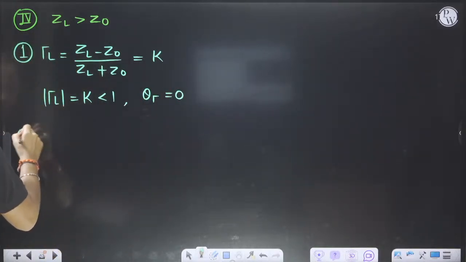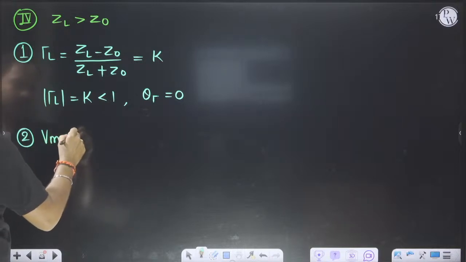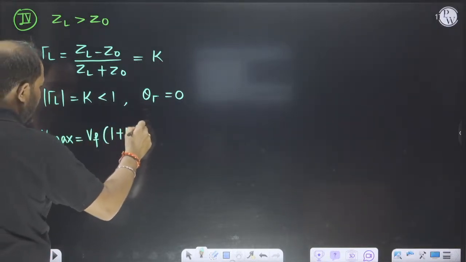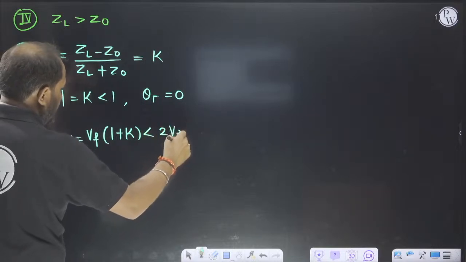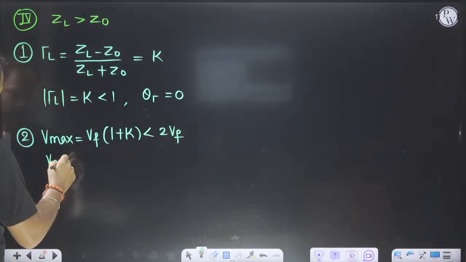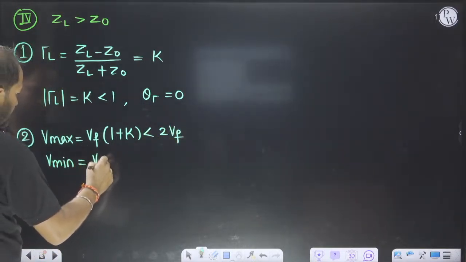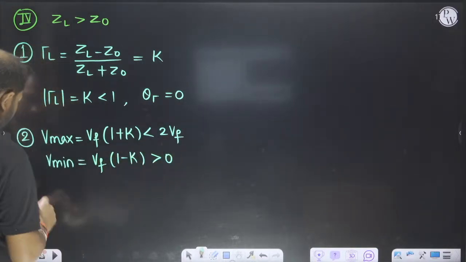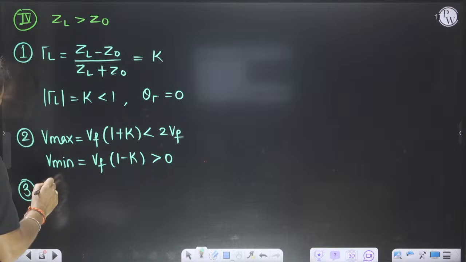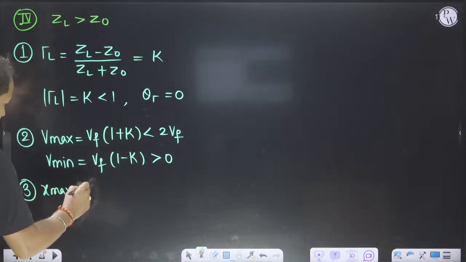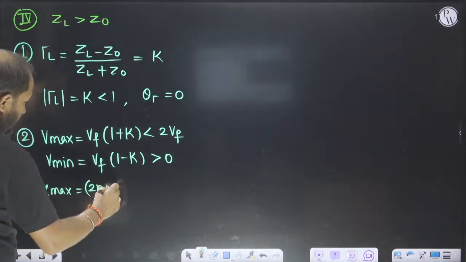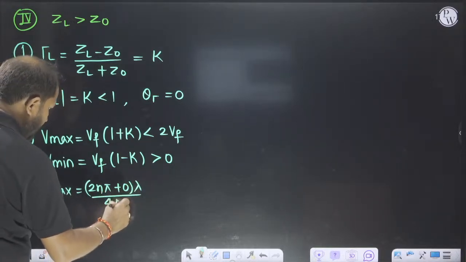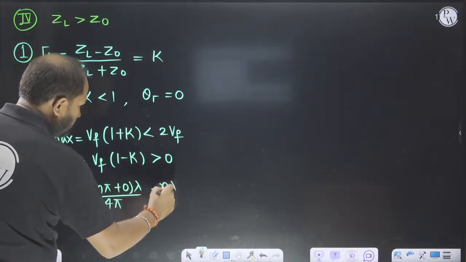Then we have Vmax, which is Vf into 1 plus K, that is less than 2 Vf, and Vmin is Vf into 1 minus K, which is greater than 0. Third one is x max, equal to (2n pi plus theta gamma) into lambda divided by 4 pi, which is n lambda by 2.